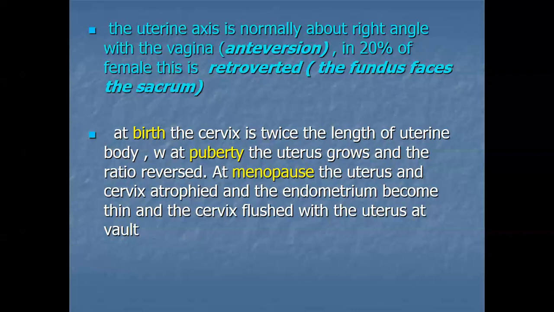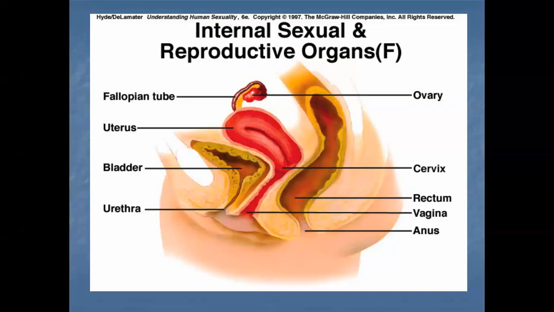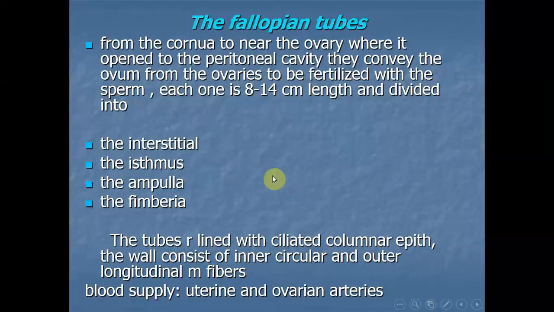At menopause, with the deprivation of estrogen and progesterone, the uterine size will return to a smaller size equal to the cervix. This picture shows you the anteversion of the fundus of the uterus, which means that the fundus is facing the anterior abdominal wall, while if it is directed posteriorly, we call it retroverted.